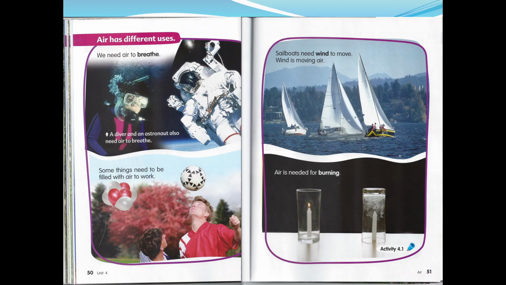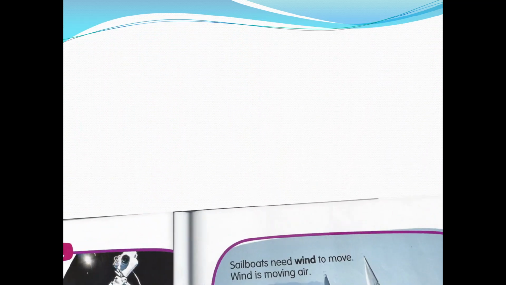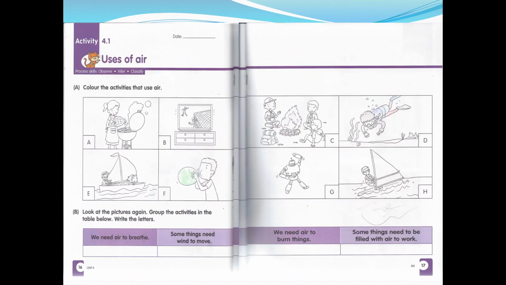Okay, now I need you to open your activity book on pages 16 and 17. You can pause the video, do it by yourself, and then we can check together. Okay, so in this activity, we have uses of air. In letter A, you have to color the activities that use air.